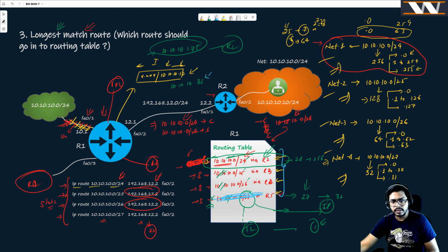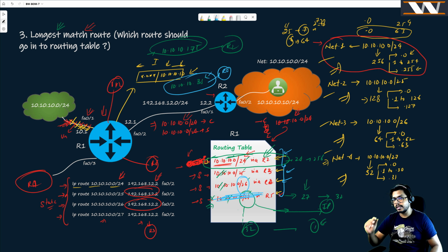It is there in this route, it is there in this route, and it is there in this route. And if that is the case, then the most specific route is going to be matched, which is /26, which is saying forward this packet. Which packet? 35. This IP packet. Forward this towards R4. It is as simple as that. I think, Burak, you got my point, right? But yes, your understanding was absolutely correct.